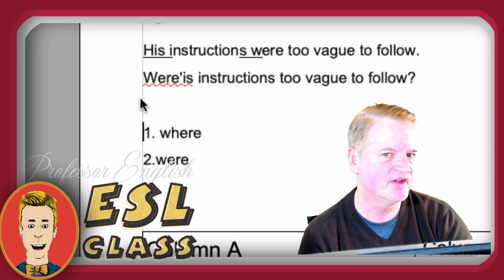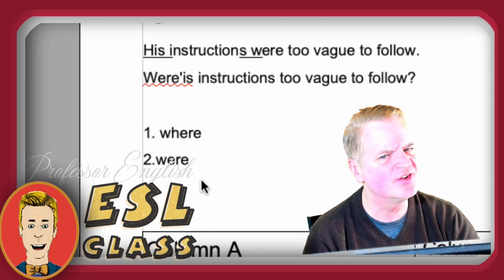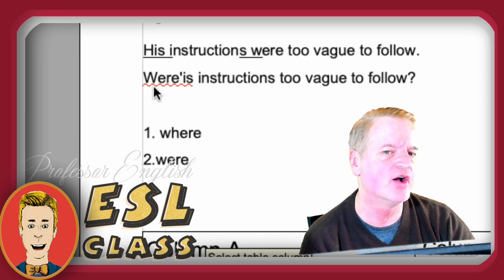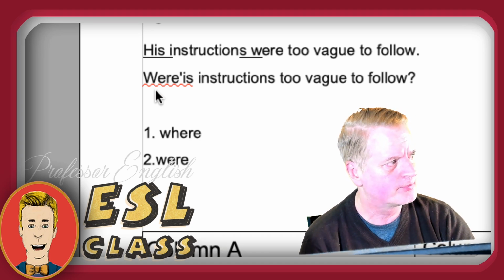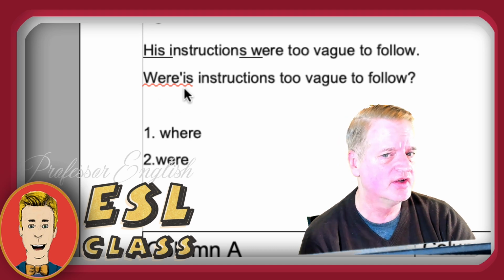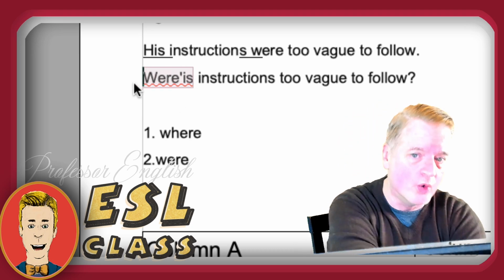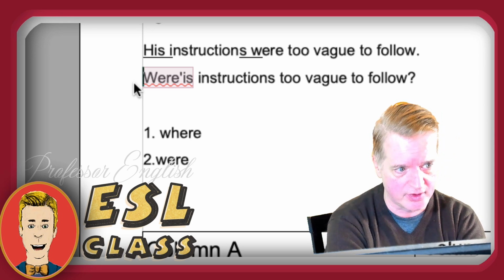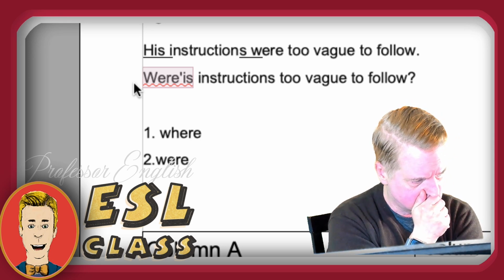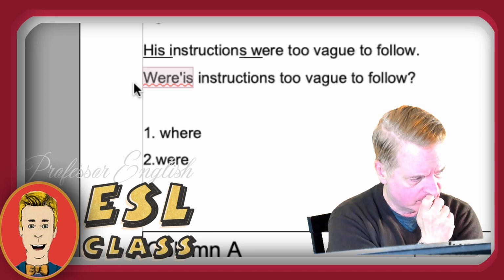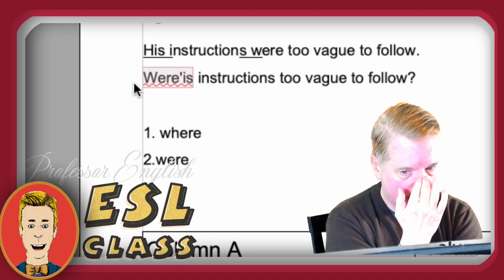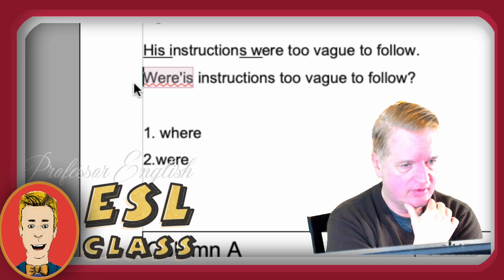Where sounds like you're saying where, so push down. Were is. That's better. It becomes like one word. Were is instructions too vague to follow? Say it like that. Can you try to say it like that, Mohammed? Were is instructions too vague to follow?